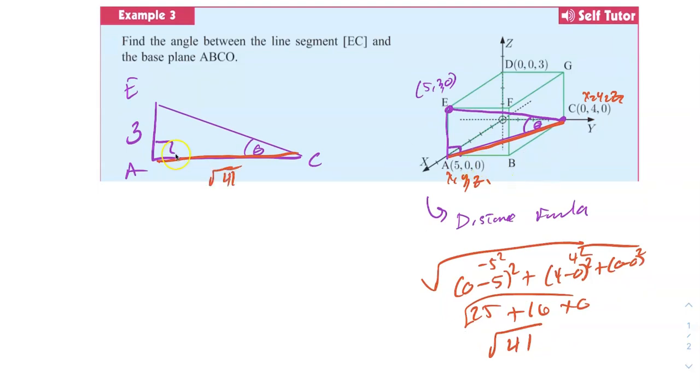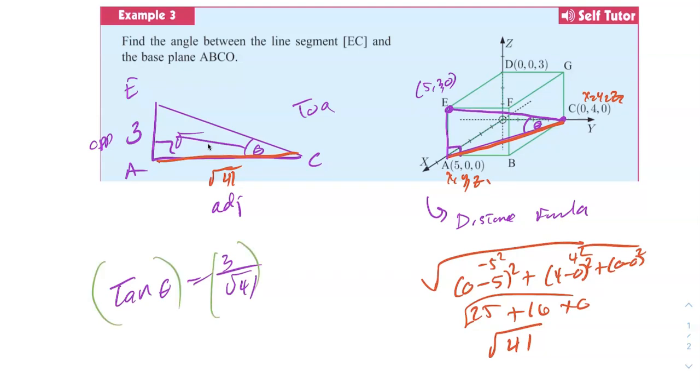Since it's a right triangle, I can use SOHCAHTOA to solve this. We have the opposite of my angle and the adjacent of my angle. So TOA. So tan theta equals 3 over radical 41. Take the arctan of both sides.